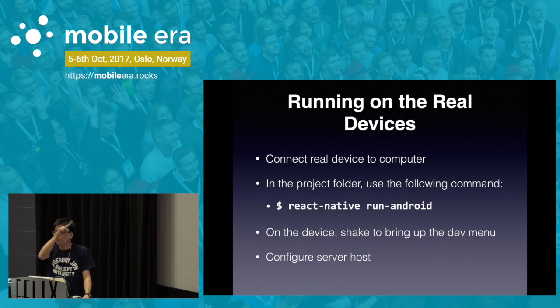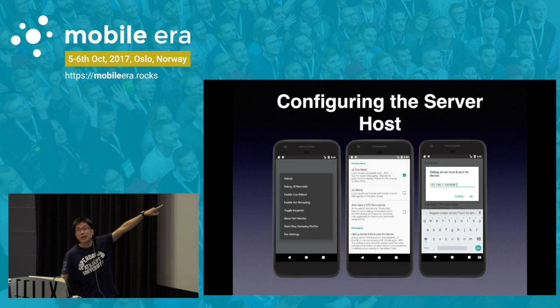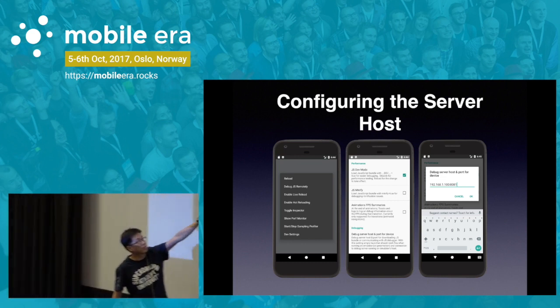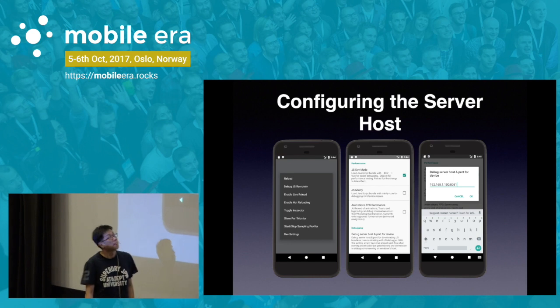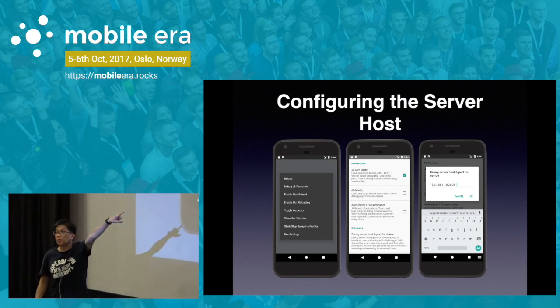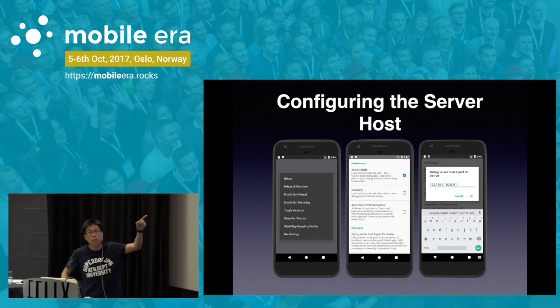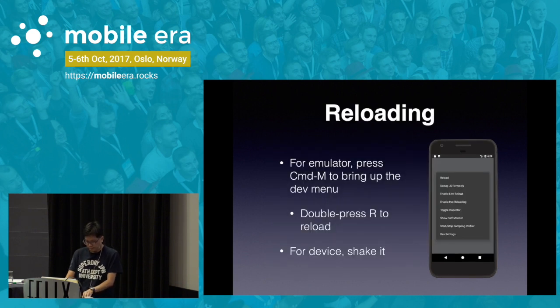You will see a red colored screen. What you need to do is shake your device to bring up this screen, tap on Dev Settings, tap on Debug Server Host and Port for Device, and then enter the IP address of your machine that is running the Android Studio, followed by the port number 8081. Once you do that, it will load the project correctly.